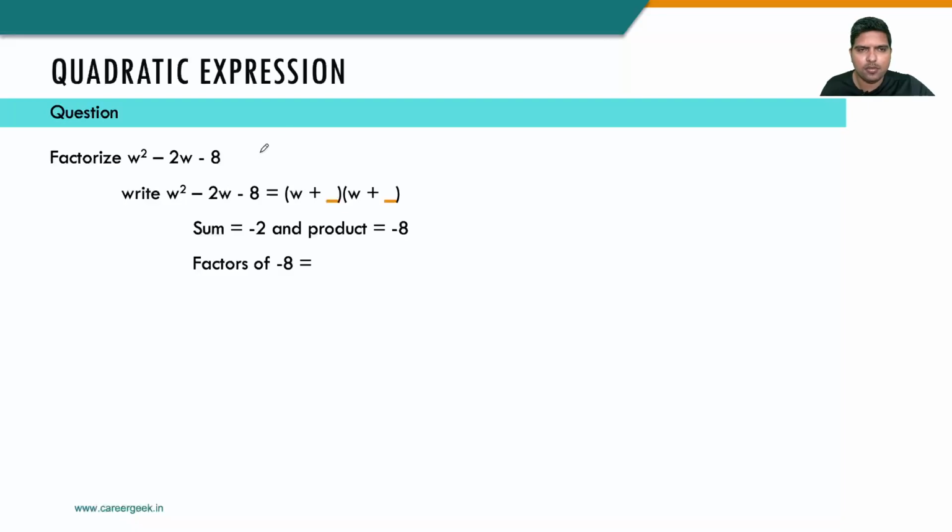Same. So what is the sum? The sum is -2. Make sure you take the negatives also, which is a plus b, -2, and the product is -8. So factors of -8: -1 multiplied by 8, -2 multiplied by 4.